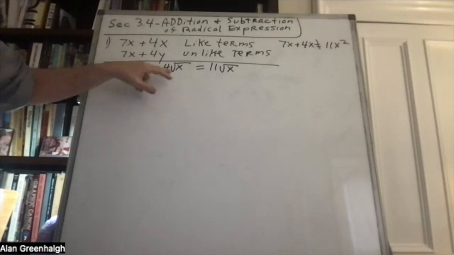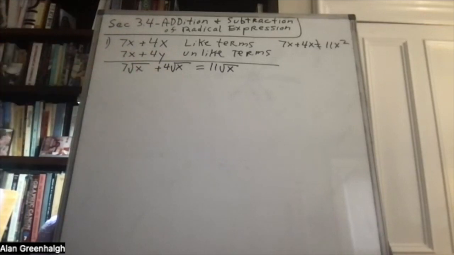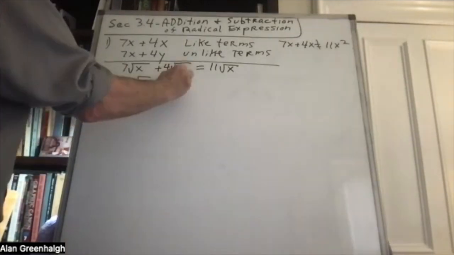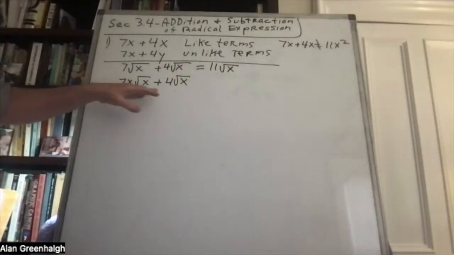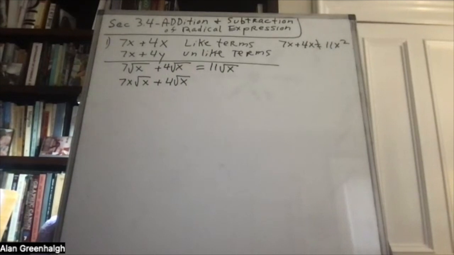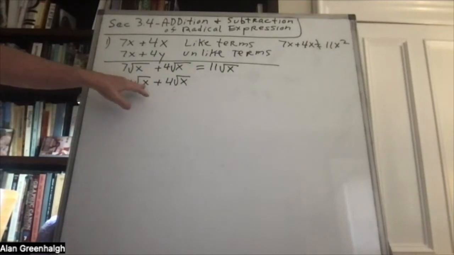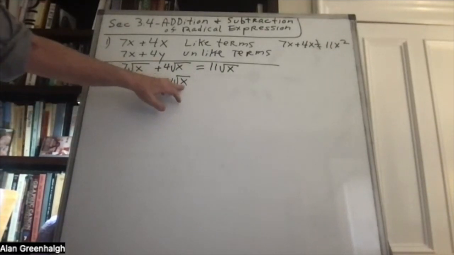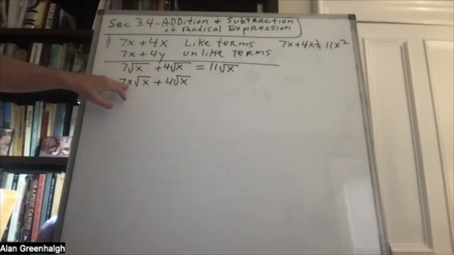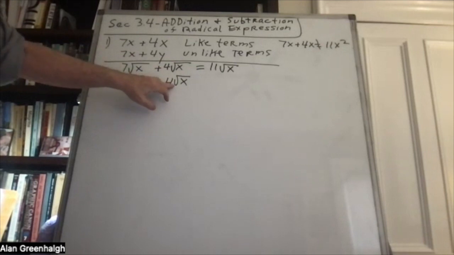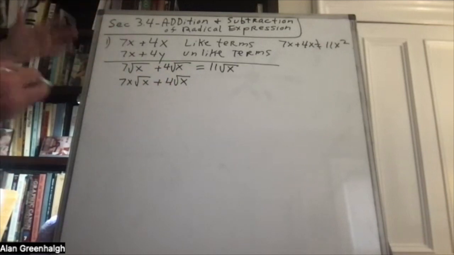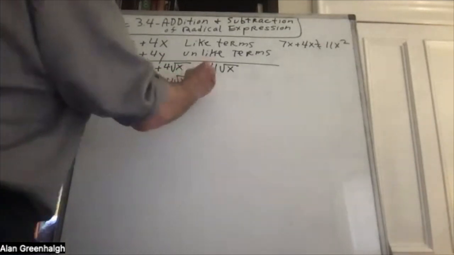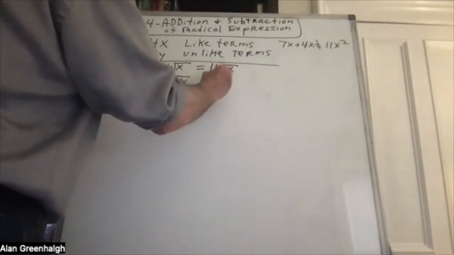I don't even know if you call these coefficients, but that's how you do it. These are considered like terms. These are not considered terms that you could add. Yes, they do have the same radical, but this is different. There's an x here and there's nothing over there, so you can't add these two and get 11x, for example. You can't do this.